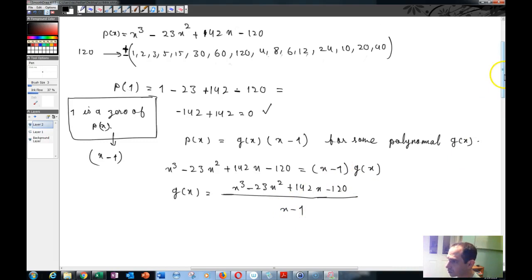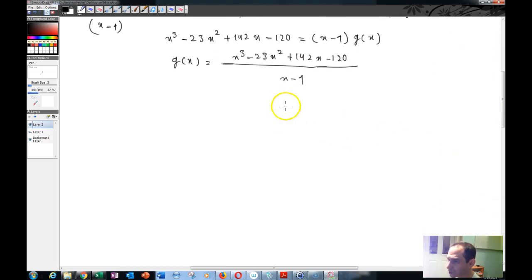Okay, so we can do this division. Let's find out what the polynomial is. You have x cubed minus 23x squared plus 142x minus 120, and you divide that by x minus 1.